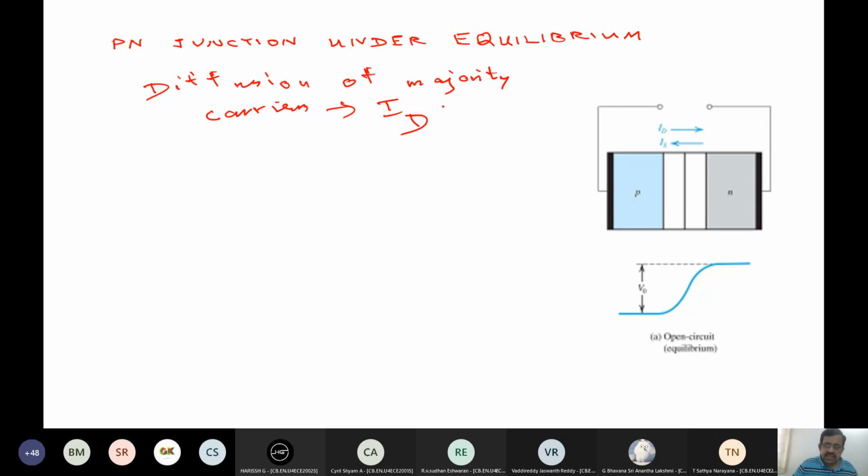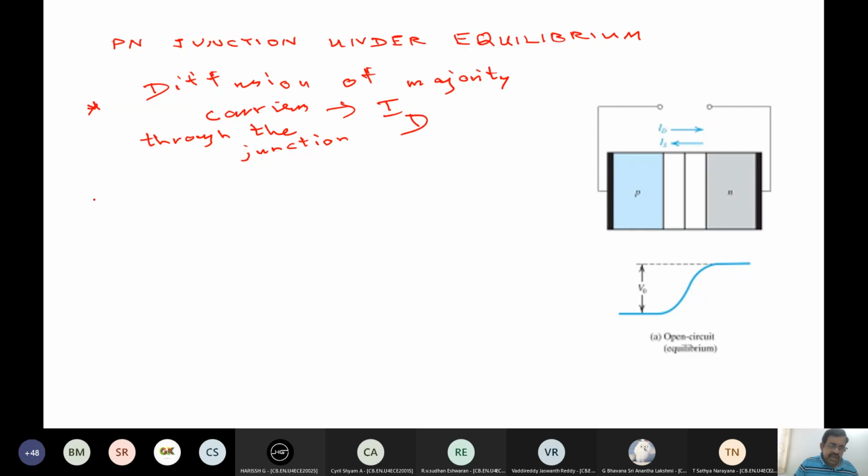The diffusion of majority carriers through the junction is the first step that happens. Now the diffusion cannot go on and on.